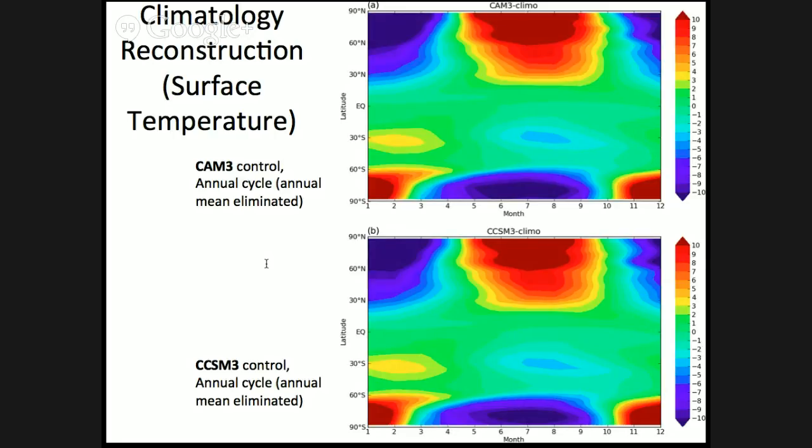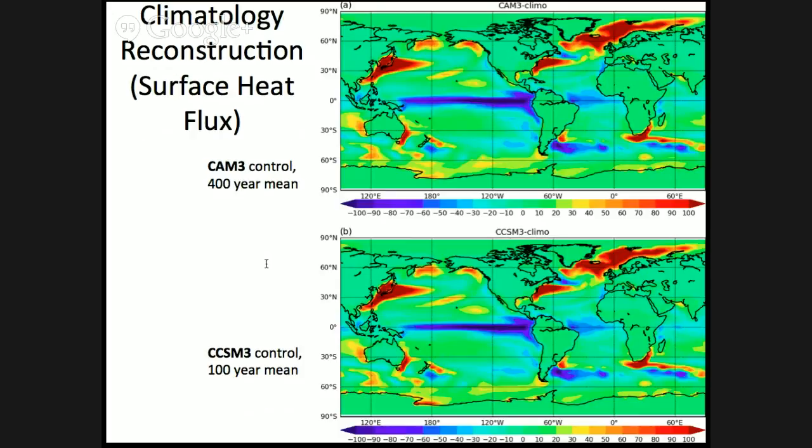You can see that the annual cycle is pretty much assimilated. In the northern hemisphere, in summer it's warm and in winter it's cold, and in the southern hemisphere it's the reverse. So this is consistent with what we observe. And this is showing the surface heat flux assimilation.